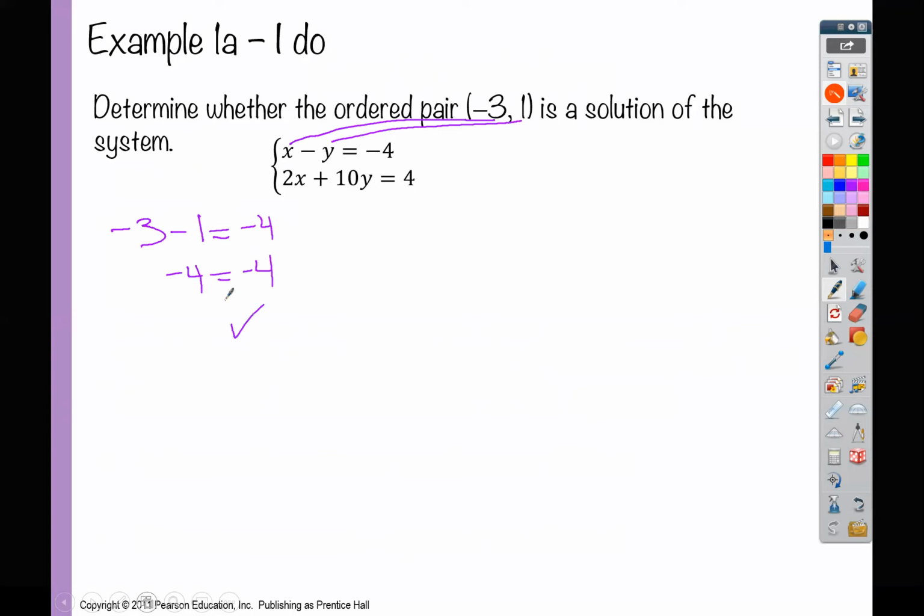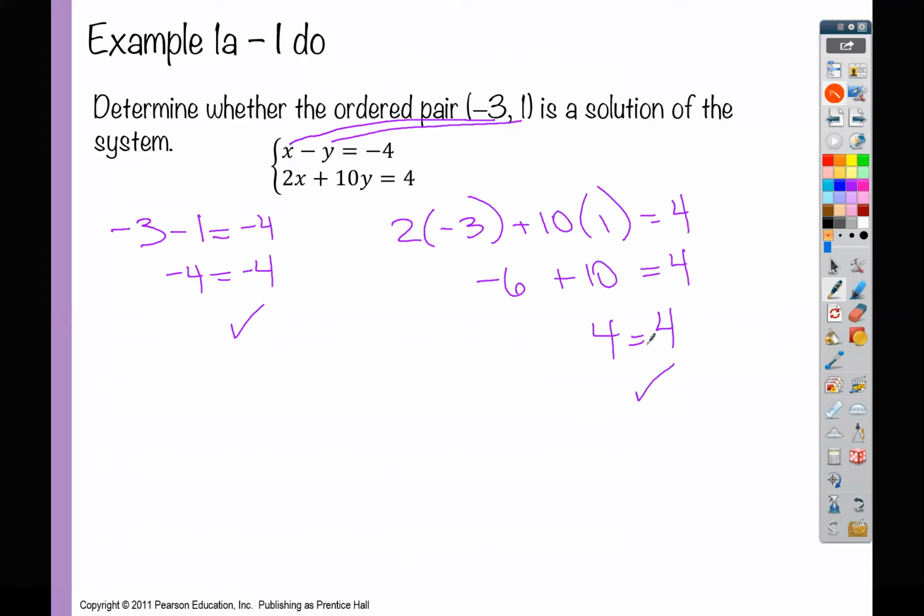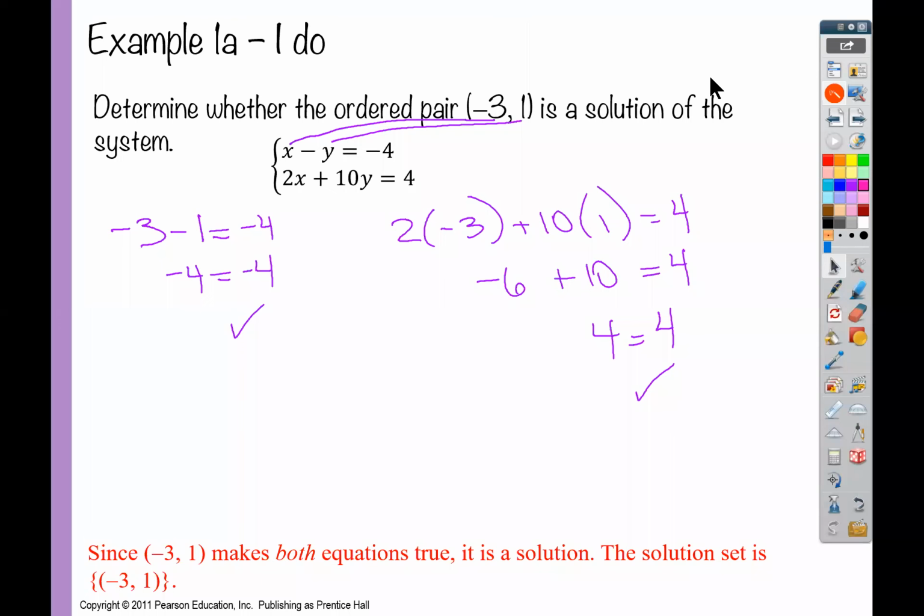That is a true statement, but you have to also check the other one. 2 times -3 plus 10 times 1 equals 4. So -6 plus 10 is also a true statement. So yes, (-3, 1) makes both equations true, so it is a solution.